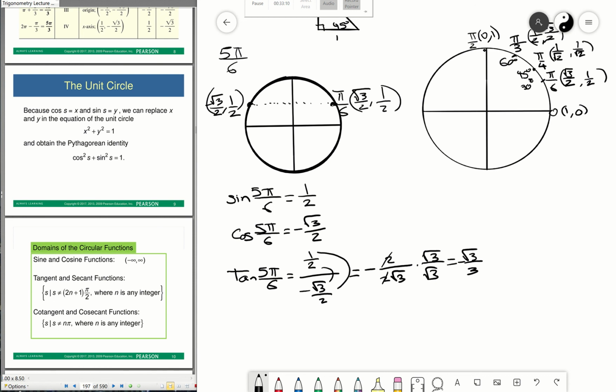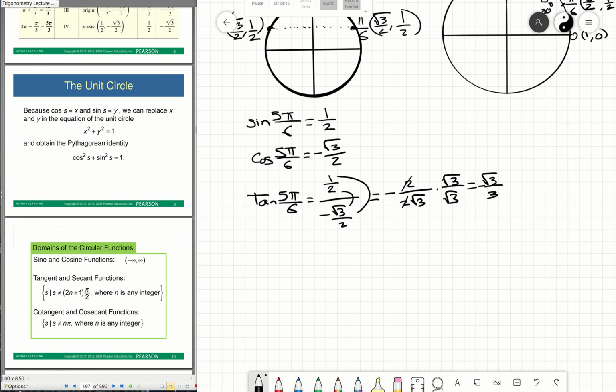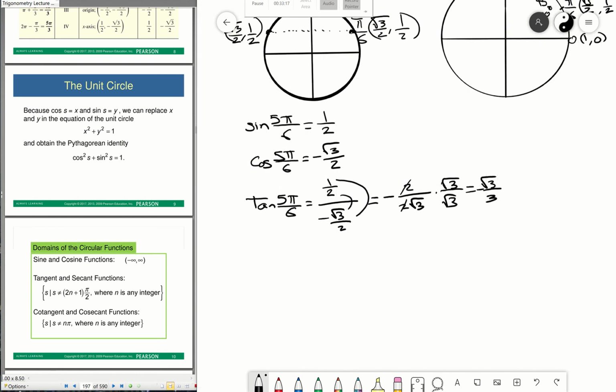Now for the other 3 functions, we just take the reciprocal of these 3 values. So the cosecant of 5 pi over 6 will just be 2 over 1, which is 2. The secant of 5 pi over 6 is going to be negative 2 over radical 3, which is the reciprocal of the cosine.